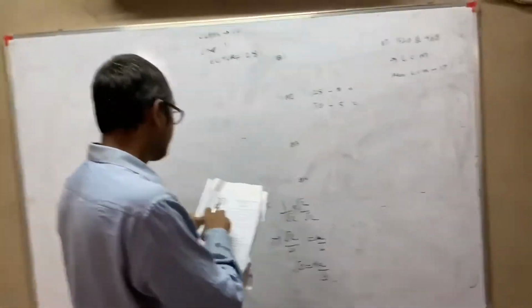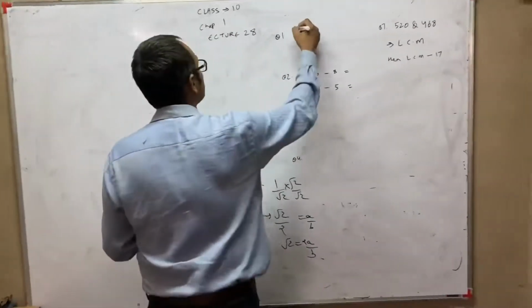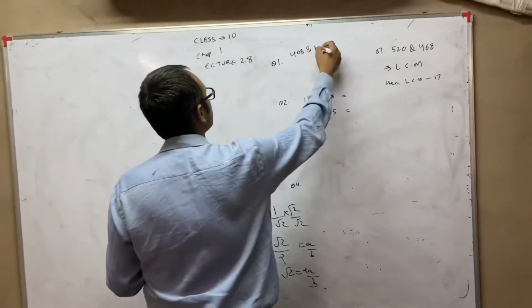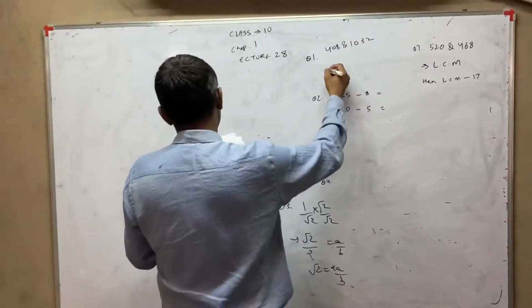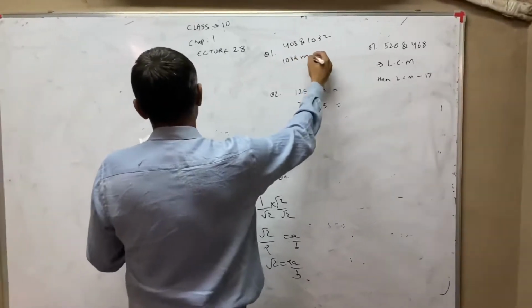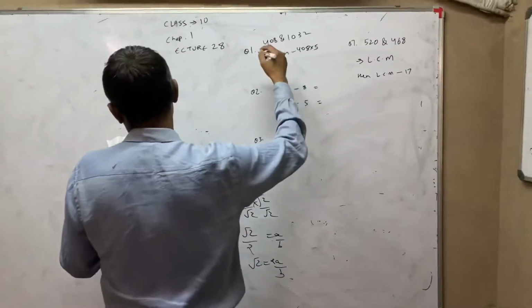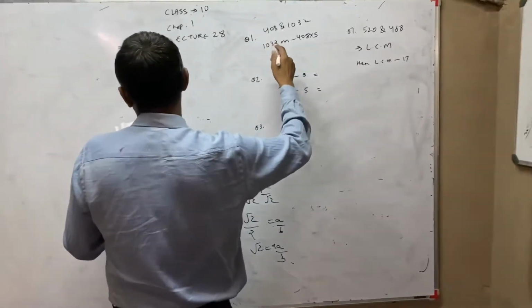First question: if the HCF of 408 and 1032 is expressed in the form 1032m minus 408 into y, find the value of m.